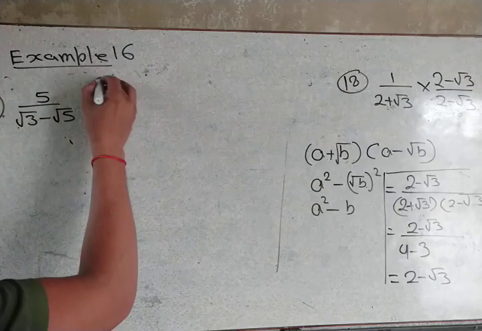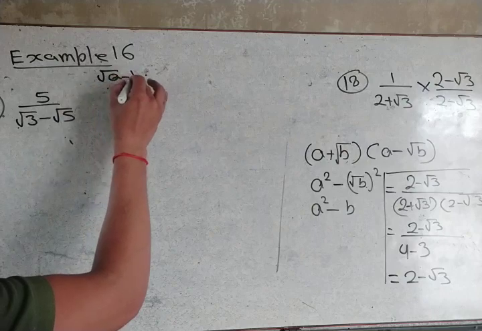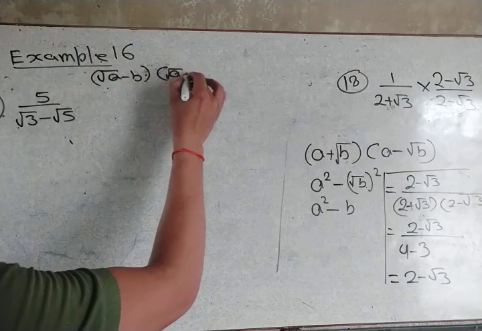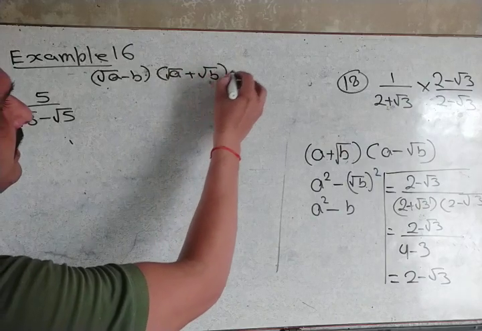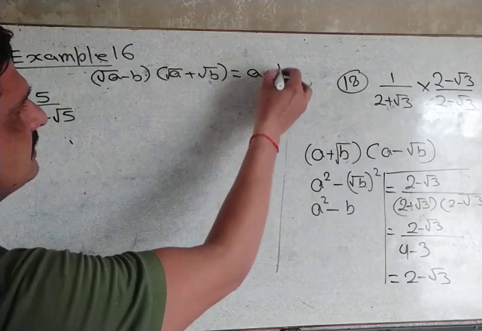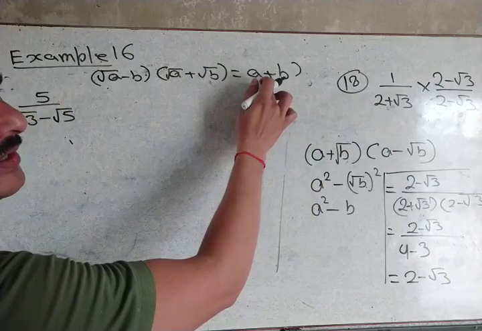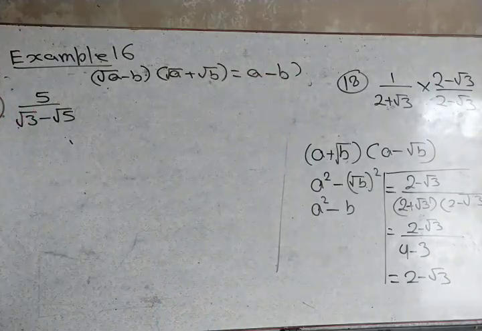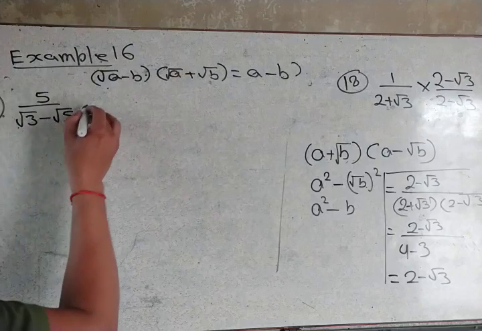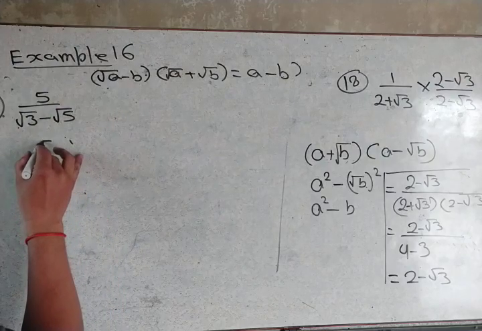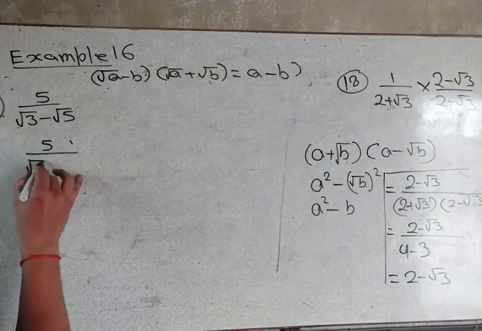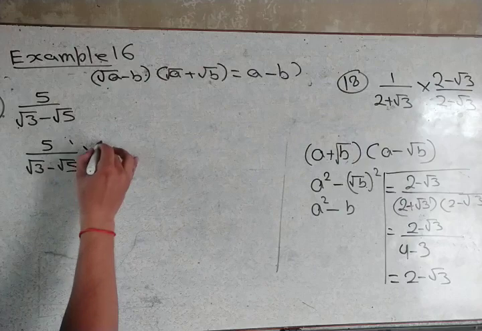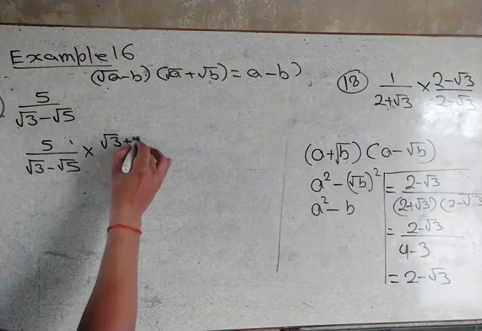We know that a minus b should be multiplied with a plus b. Then we get a square minus b square. So when we multiply this expression with root 3 plus root 5.